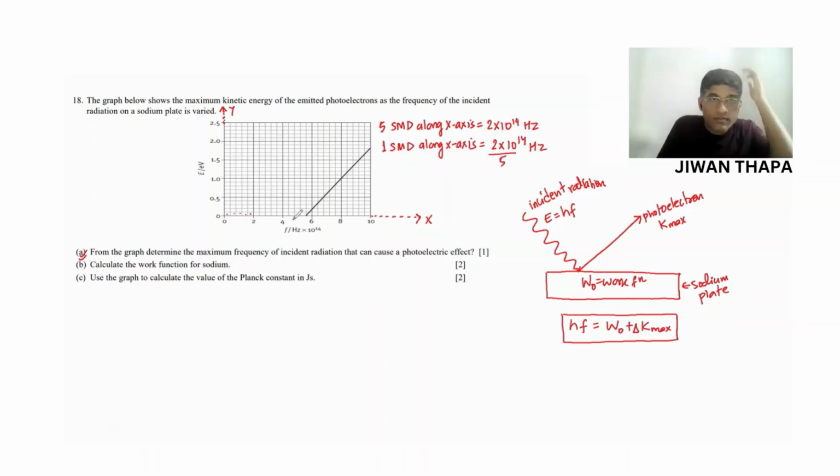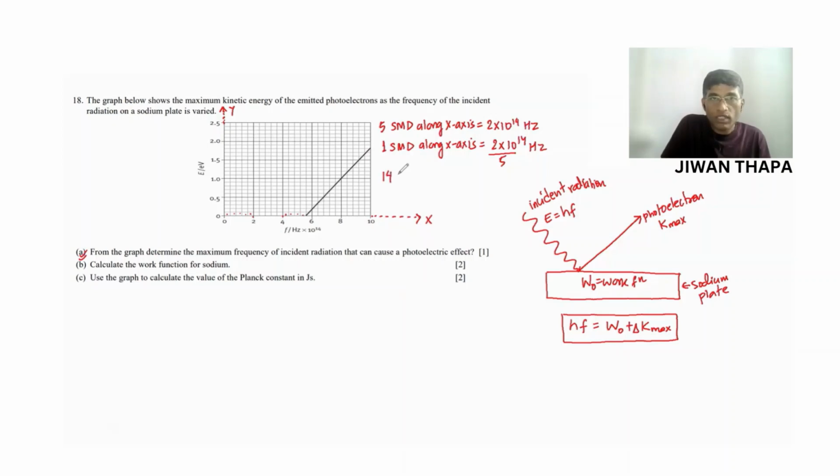Now let's see. We need to count the number of divisions along X because we have the graph, okay, in this way. So 5 and this is again 5. So we get 10, 11, 12, 13, 14.